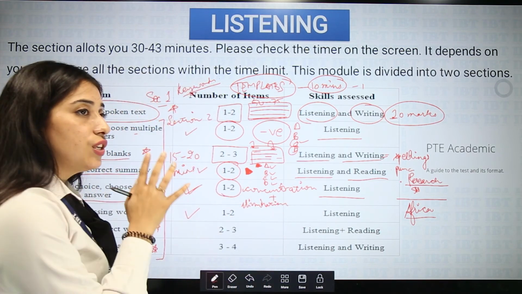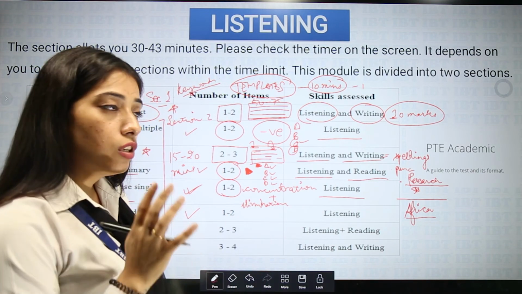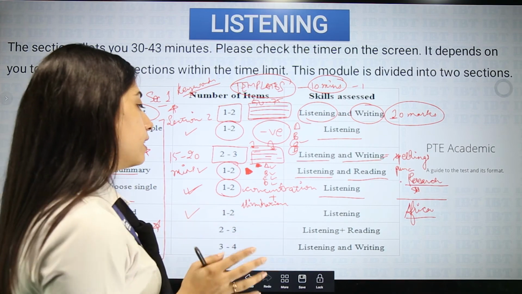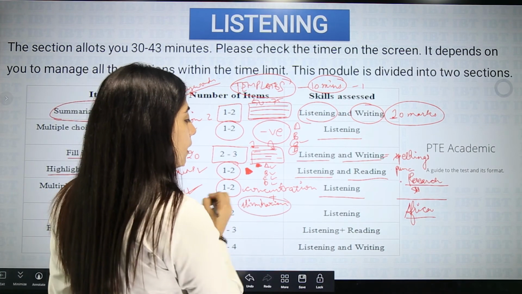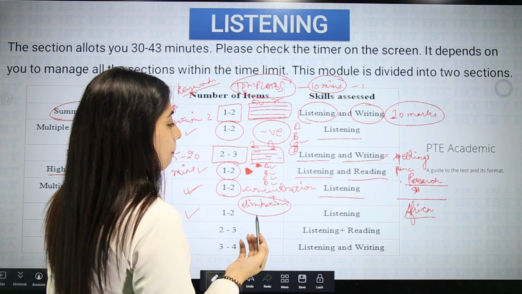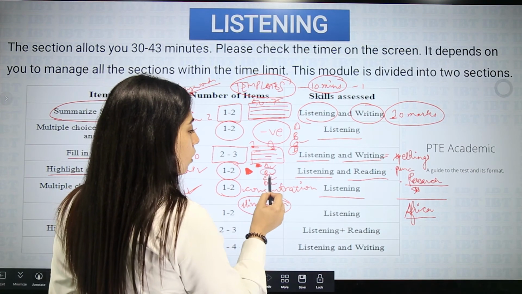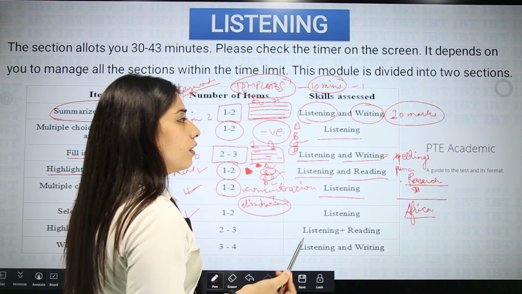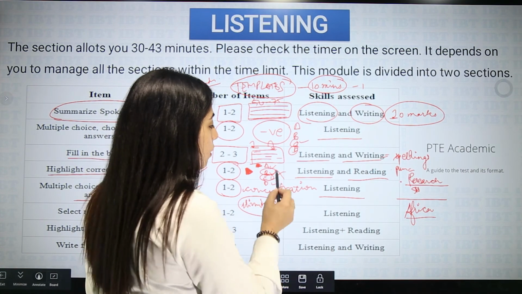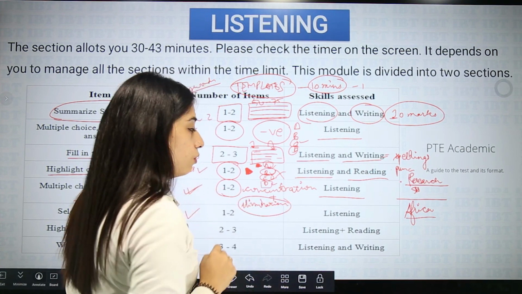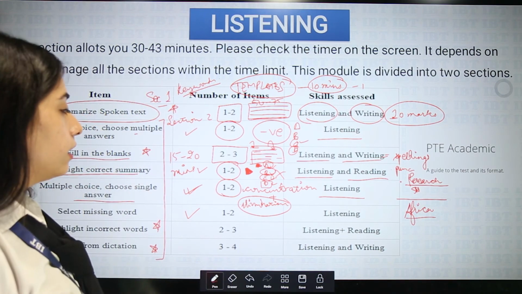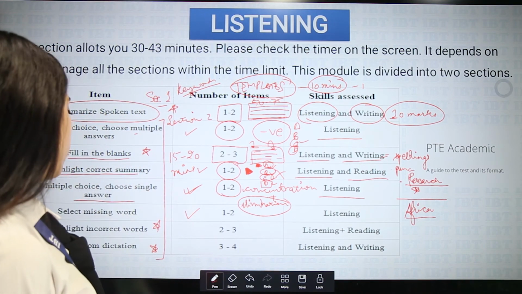So your concentration and understanding of the passage, the audio, is required, and at the same time you should be able to eliminate particular options. For example A B C D है, जिसमें से आपको आपकी ऑडियो के रिलेटेड लग रहा है कि B और C नहीं आ सकता, उनको ऑलरेडी निकाल दो अपने ऑप्शंस में से and choose from the best options available with you, right? So this is ideally the thing that can be used in these types of questions.